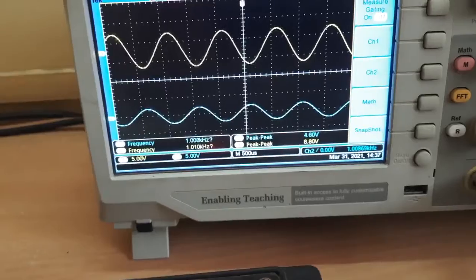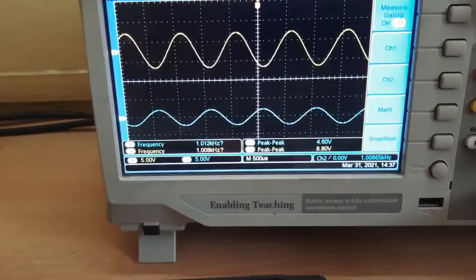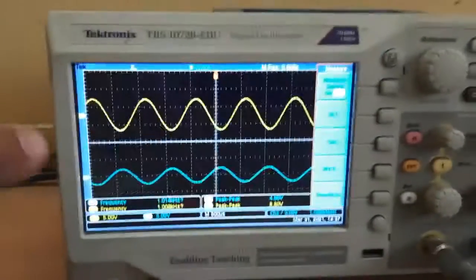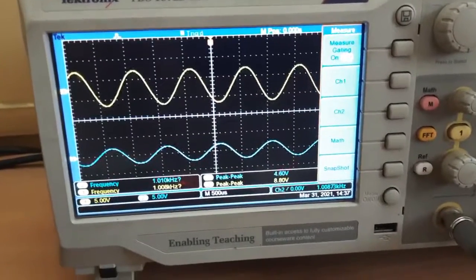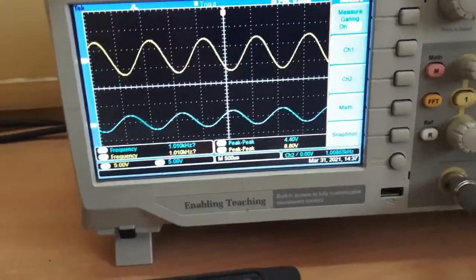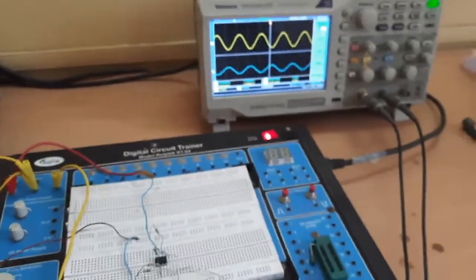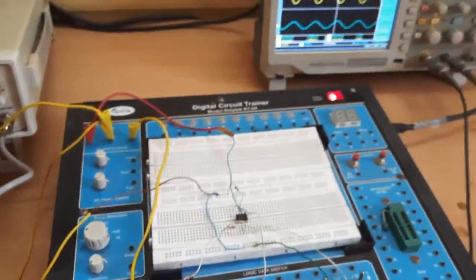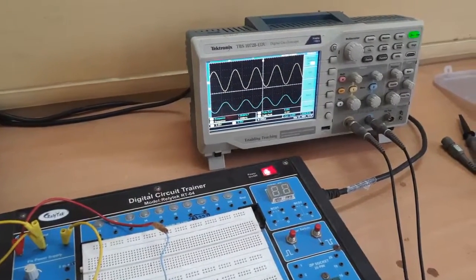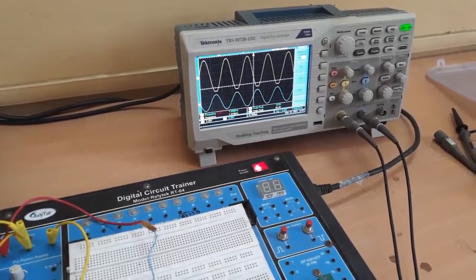The input signal is displayed in blue, which is 4.4 volt peak to peak, and we are getting the output voltage, shown in yellow, of 8.80 volt peak to peak. We are varying the amplitude here, and you can observe the amplification happening with the ratio of 2.